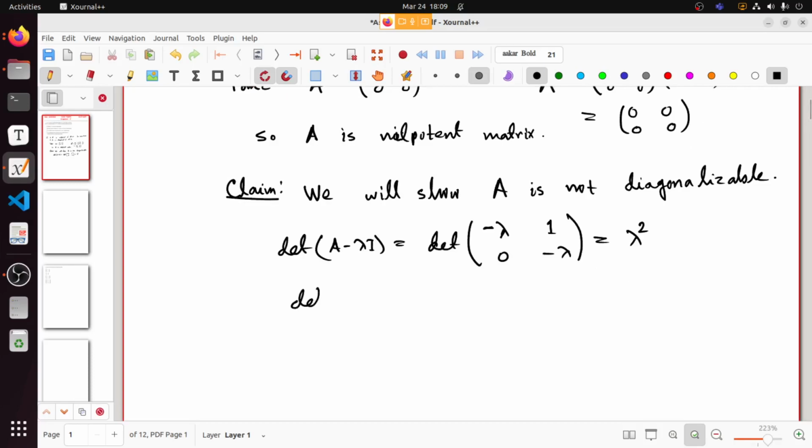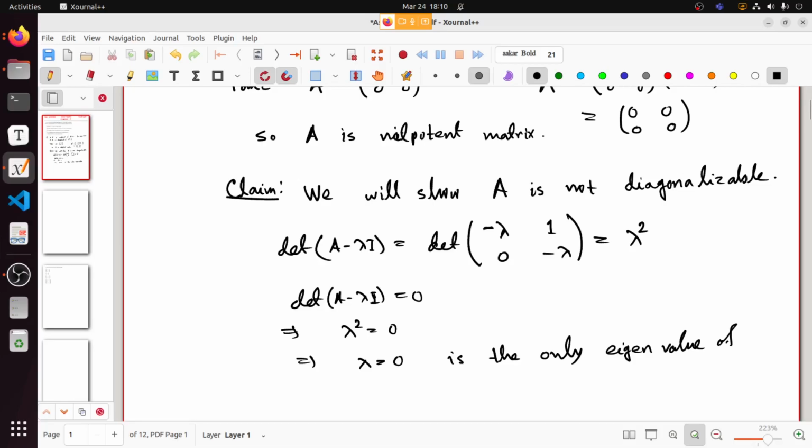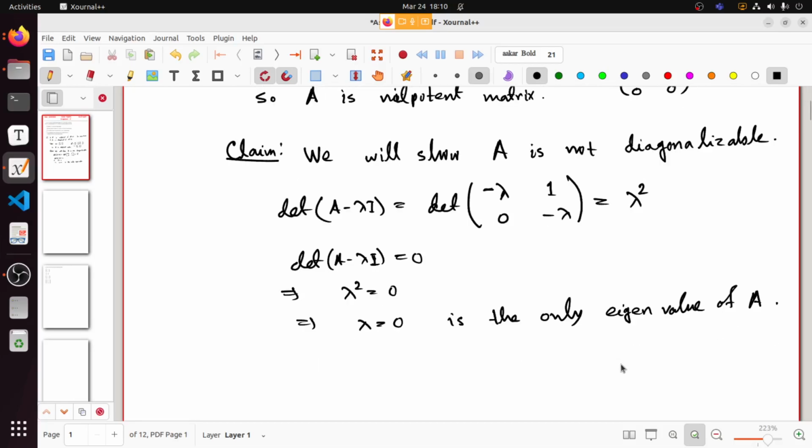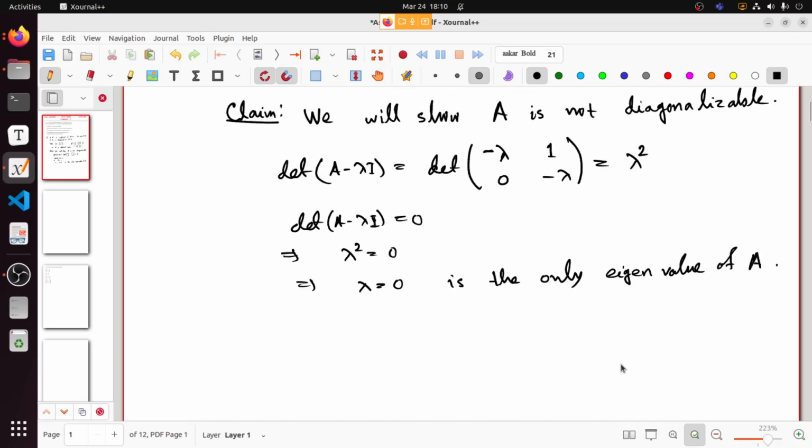So det of A minus lambda I equals 0 implies lambda square is 0, which implies lambda equals 0 is the only eigenvalue, right? So we get one eigenvalue.